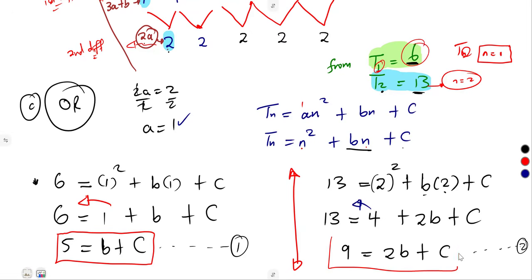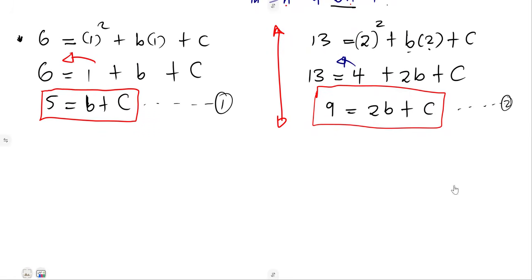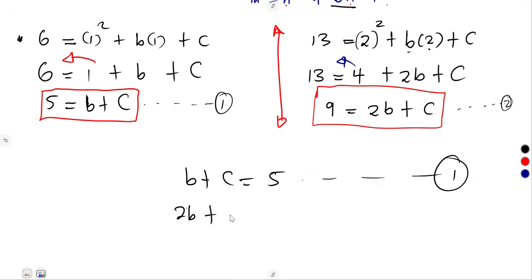So we have got two equations with b and c as unknowns. So solve these two simultaneously. All right? b plus c is equivalent to 5. 2b plus c is equivalent to 9.